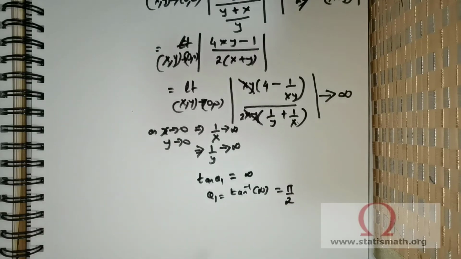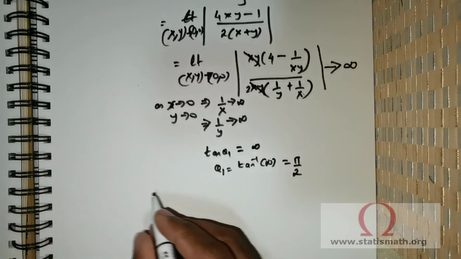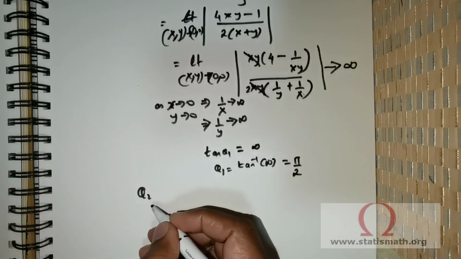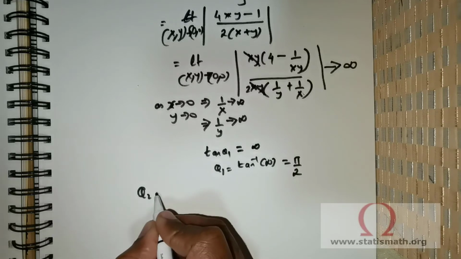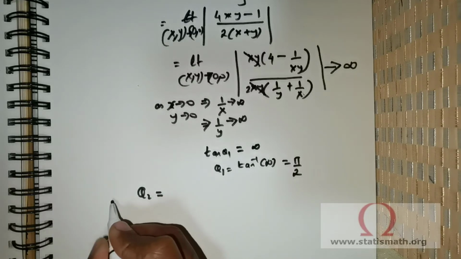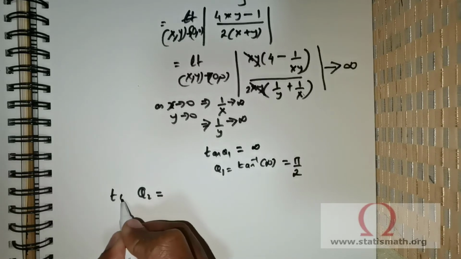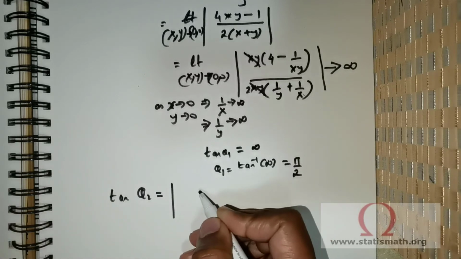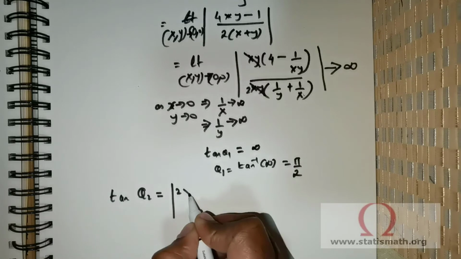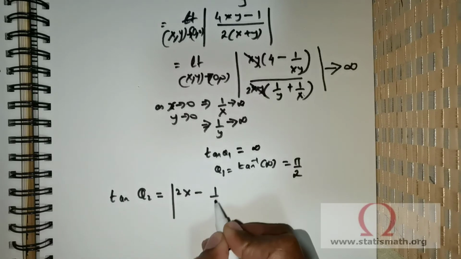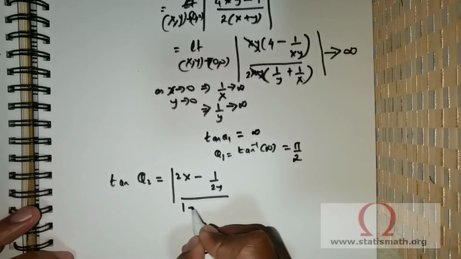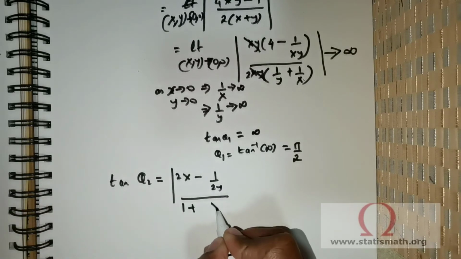Now coming to the second half, which is theta 2, we are expected to find theta 2, and that would be done in the following way. So tan of theta 2 is equal to m1 minus m2, so that's going to be 2x minus 1 over 2y, divided by 1 plus x over y.